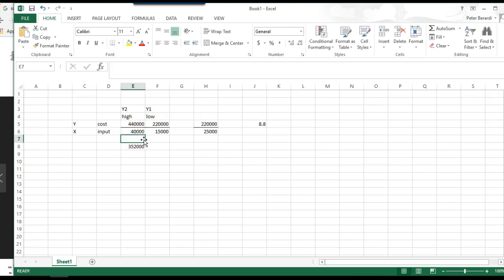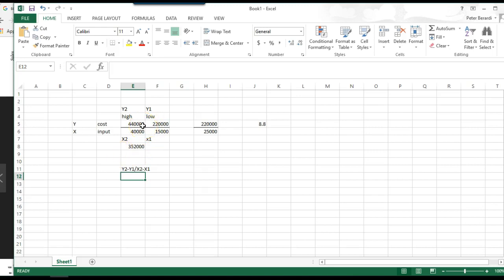The x inputs are x2 and x1. If you remember, the calculation of a slope of a line is y sub 2 minus y sub 1 divided by x sub 2 minus x sub 1. This gives you the rate of growth of that line, and that's what we're trying to figure out in a scatter graph.